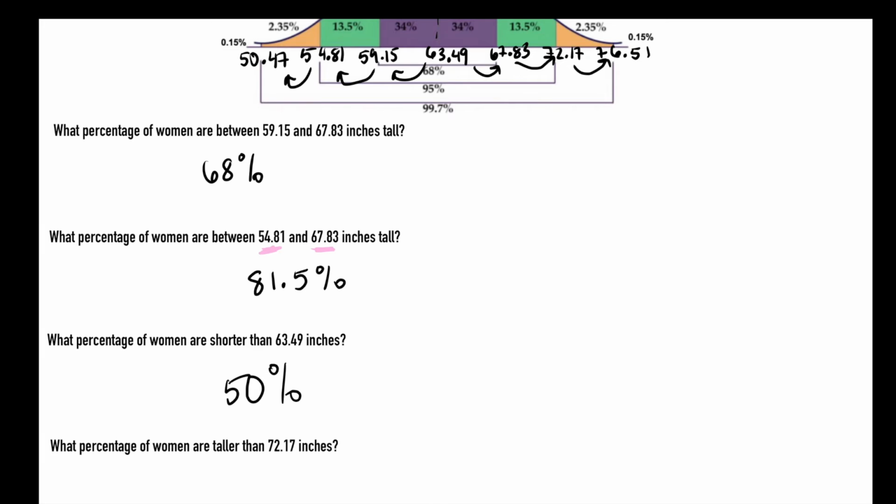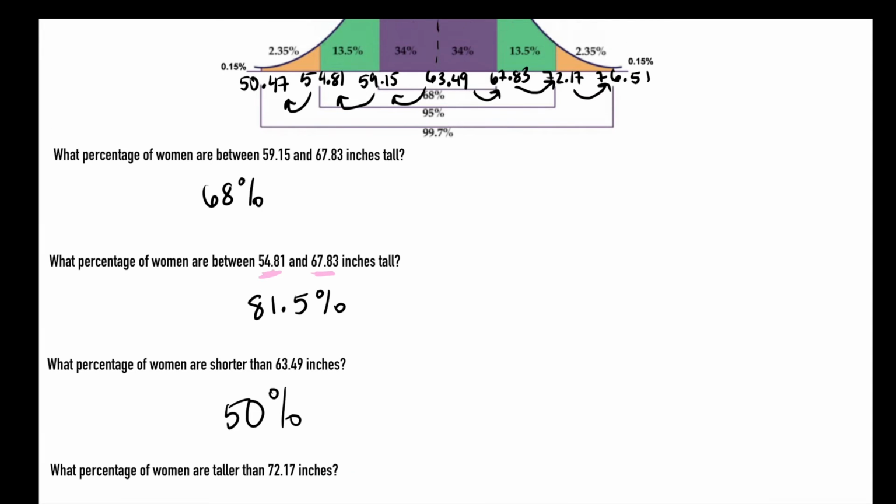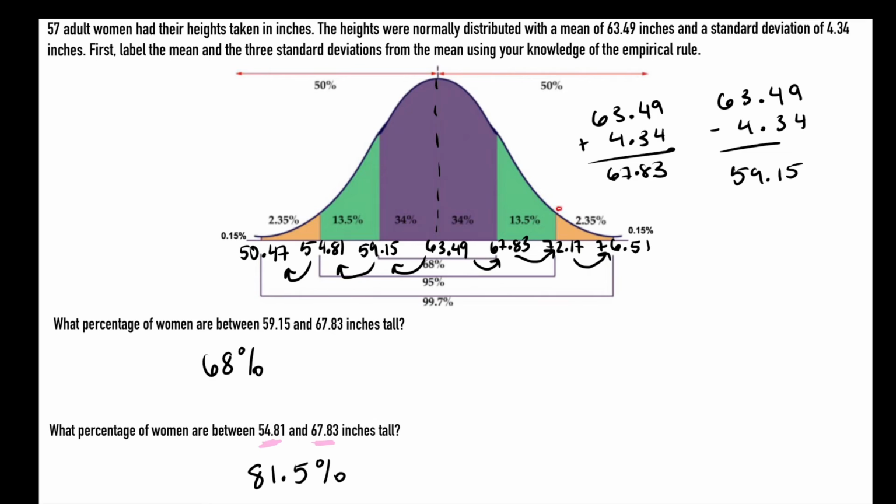And this one, what percentage of women are taller than 72.17 inches? I will locate 72.17, which is here, and I will again add those percentages, 2.35 and 0.15.